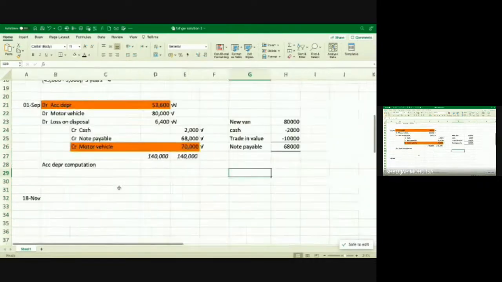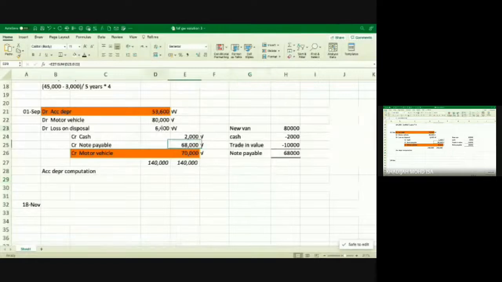Okay, we take it as it is now. You put in the new motor vehicle 80,000 here, and then you do not record the trade-in value, is it? Oh, never mind. We leave it as it is first.